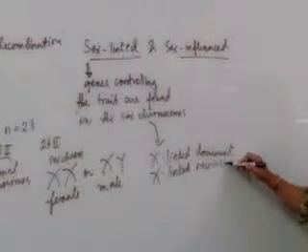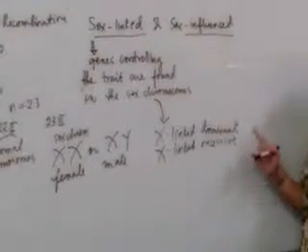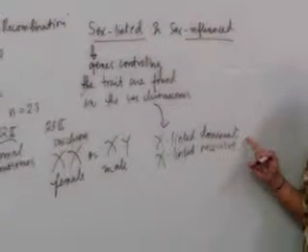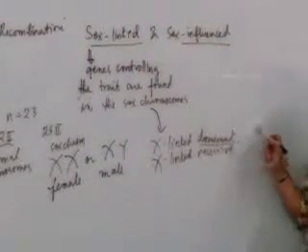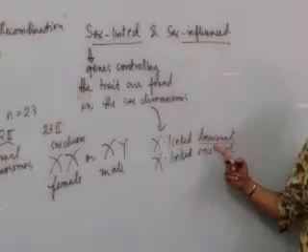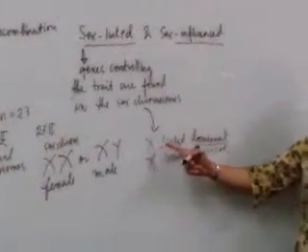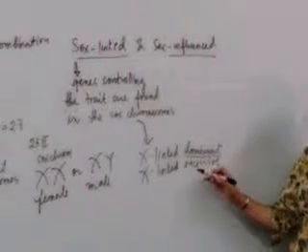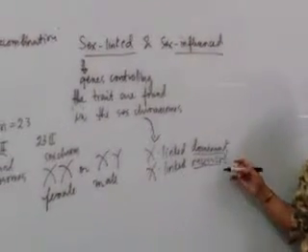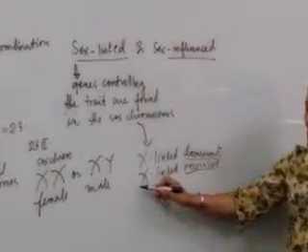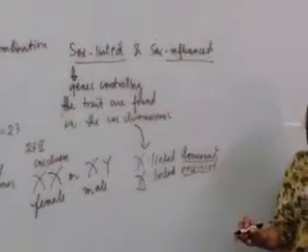What is the difference between the two? This one, the gene controlling this, is actually composed of a dominant allele which is found in the X chromosome. Okay? This one, you need the recessive allele in order to express the trait in the X chromosome. Did you get that? Okay?